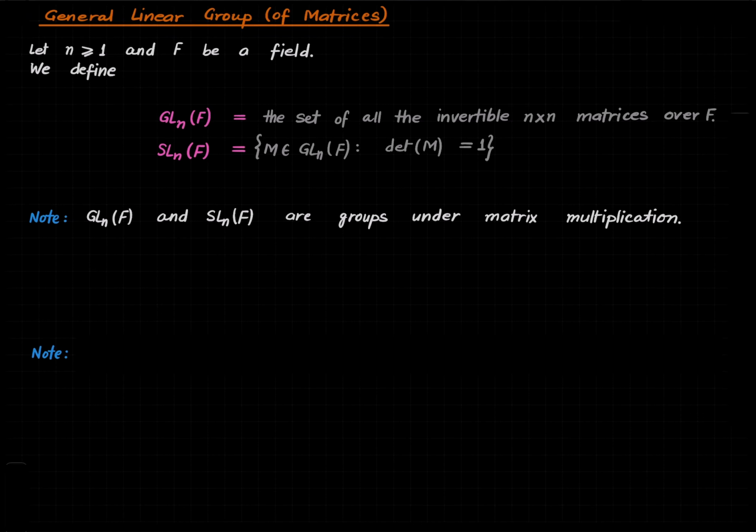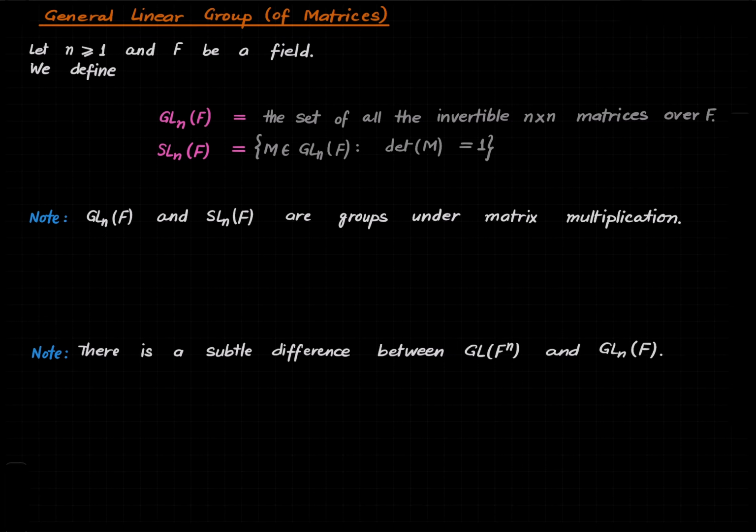So these are groups, but then, well, what is the name of this guy? This is the general linear group, and this is the special linear group, and we have seen these names before, so why am I repeating them? Well, there is a small difference between this notation and that notation. The previous rendition of the general linear prefix was applicable to vector spaces, right?